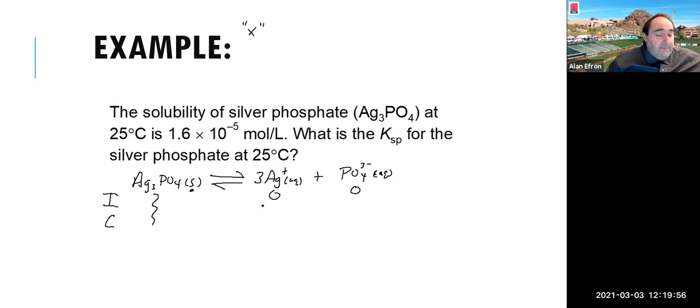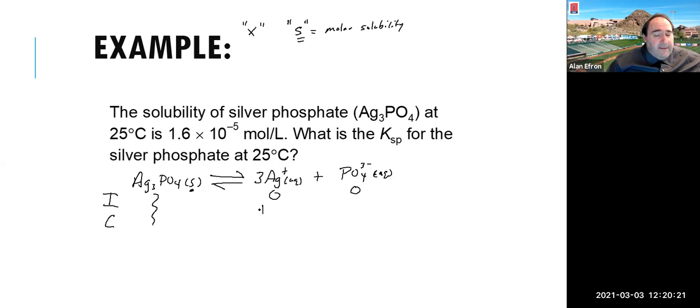But a lot of times people will actually use the letter S here in these tables. And the letter S actually stands for the molar solubility. So when you solve for S in these type of tables, you're solving for the molar solubility. And it's very common that people will do that. Truth be told, you could use any letter you like, but a lot of people will use S. So I'll use it here.